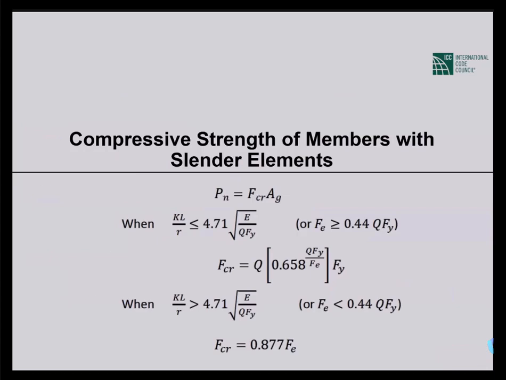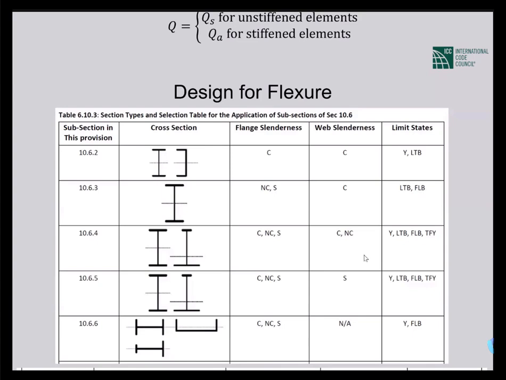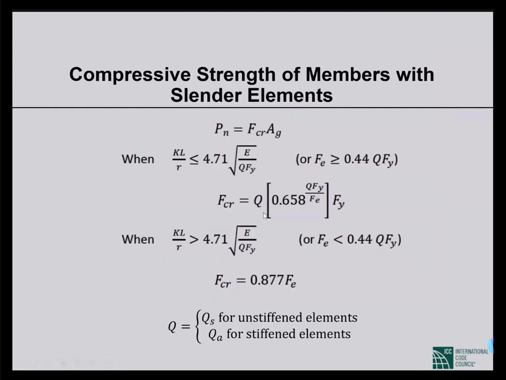When we have slender elements, the formulas are rather simple. It looks just like the previous case, but there is only one term added, that is q. Here you see q, and this q term is multiplied with fy.